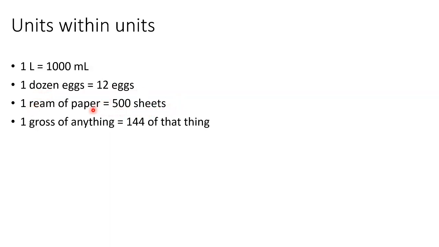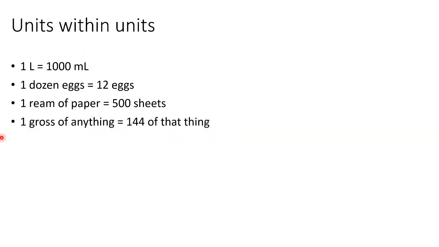So if you order a ream of paper, you know that you're getting 500 sheets. A gross is 144 of something. It actually comes from French and it means a large dozen. So it's a dozen dozens. 12 times 12 is 144. So if you get a gross, you're getting 144.